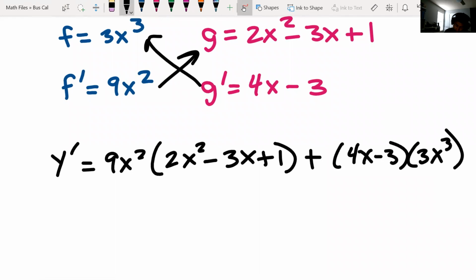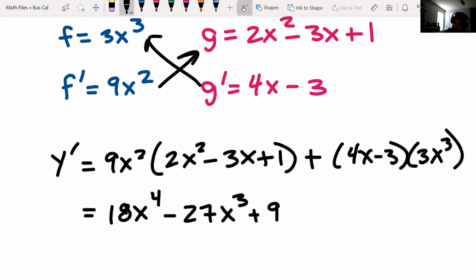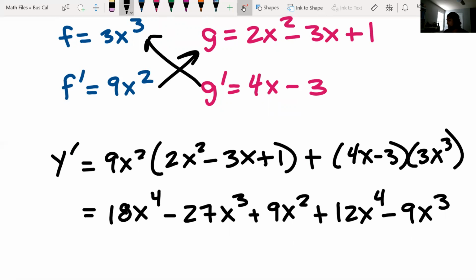Now distribute that 9. I'll get 18x to the 4th minus 27x cubed plus 9x squared, plus distribute that 3x cubed with the 4x and the negative 3. That'll give me 12x to the 4th and minus 9x cubed. Just combine like terms.